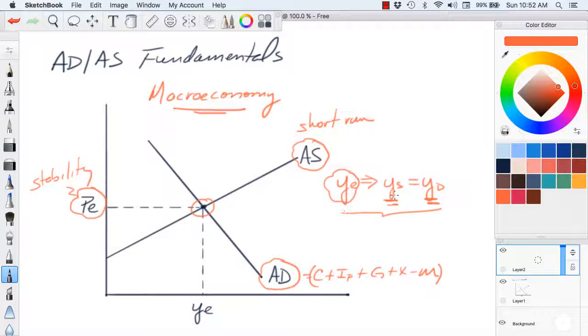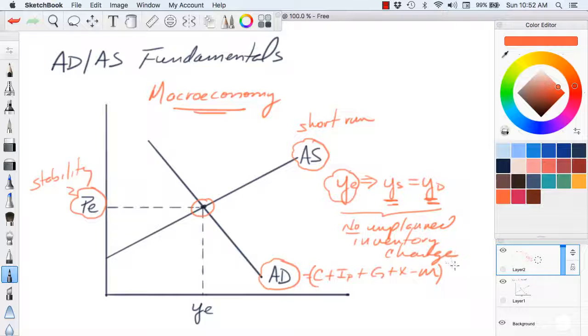Now, if the output rate equals the rate of demand, then there is no unplanned inventory change. So there's no unplanned inventory accumulation. There's no unplanned inventory reduction. Inventory levels are at levels that are acceptable to business people.